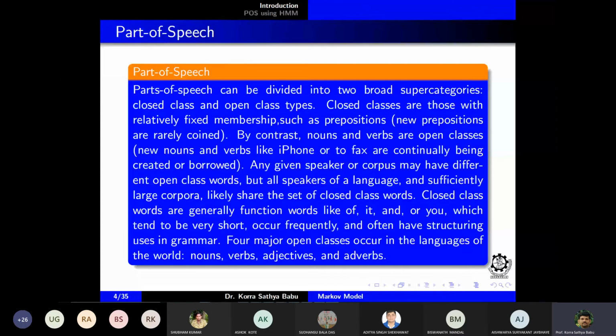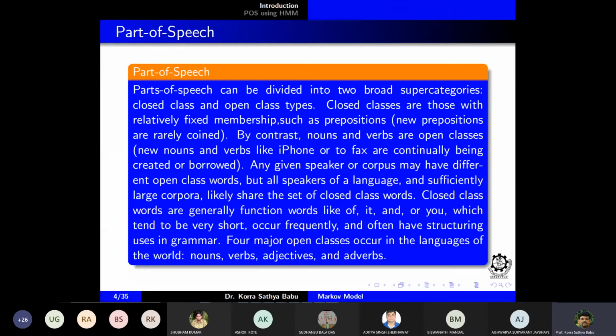So closed class words are generally function words, like of, it, and, or, you, which tend to be very short and which occur frequently and often have a structuring use in the grammar. They are basically used for structuring, right?